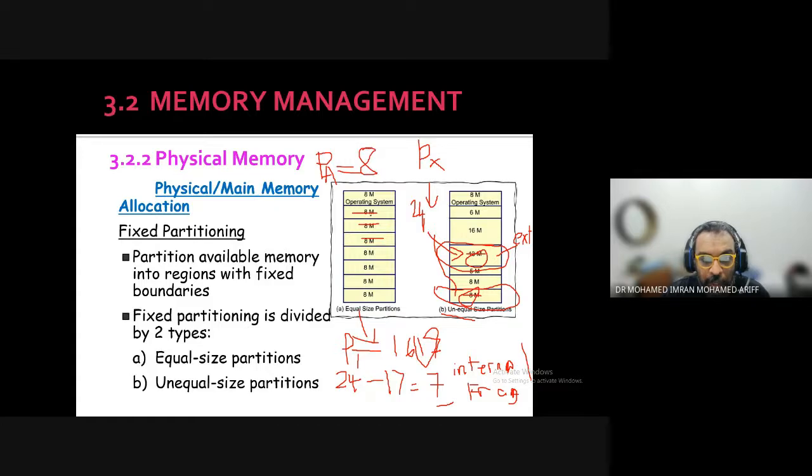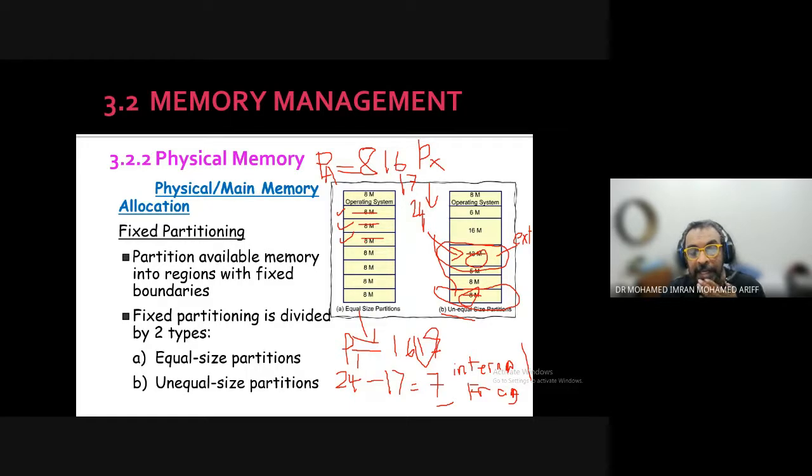So it gets one location. If the size is 16, it gets 2 locations. If the size is, let's say, 17, how many locations does it take? It takes 8, and 8 is 16, tak cukup lagi because it's 17, it gets 3 locations.